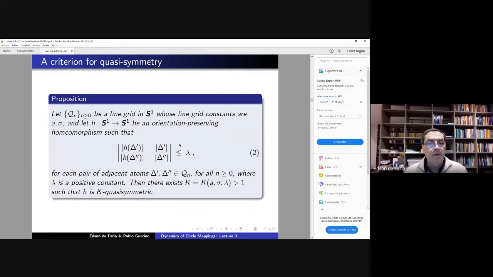Okay? So if this happens, then you can prove that H is better than quasi-symmetric. It's actually C1 plus alpha for some alpha. That's a very useful criterion as well.